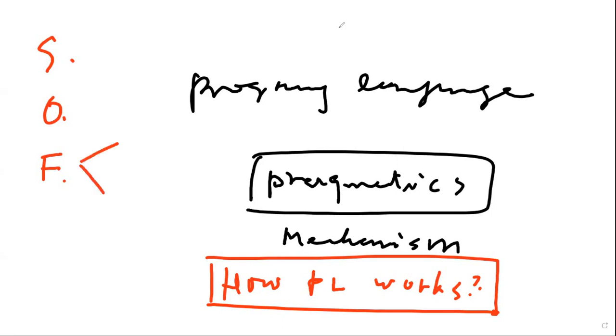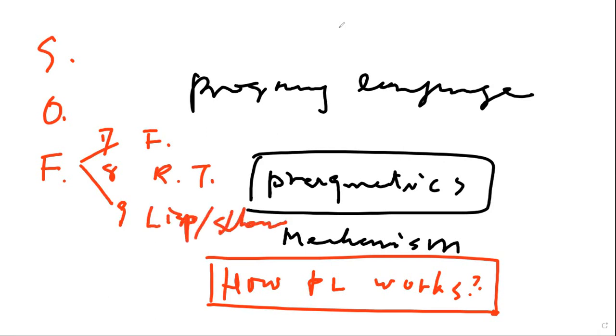So for functional programming, we have lectures 7, 8, and 9: functional programming, basic recursion on tree, and now a separate language called Lisp, Scheme, or Racket. Why is this language important?